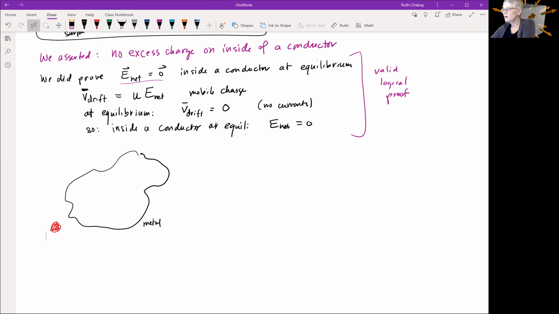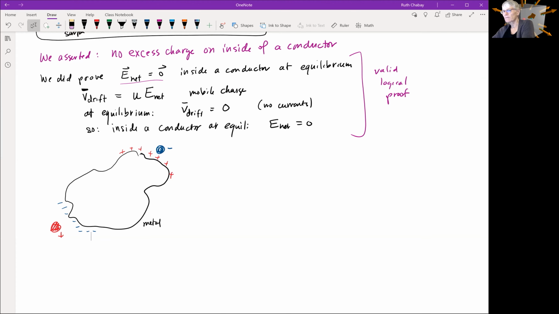Here's a positive charge, here's a negative charge. And what that means is that the metal will polarize, so that E net is zero inside. But how do we know that none of these polarization charges ended up inside?